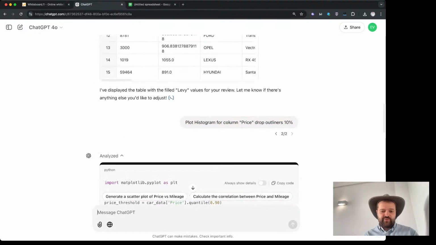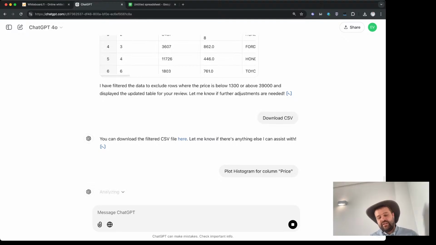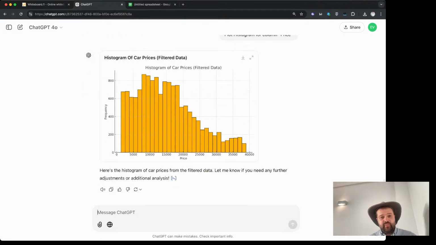This time, because we already dropped the outliers, which means the data points, samples, that are out of the ordinary, let's see, so plot histogram for price again. And again, I'm saying that at some moment, if I keep asking questions in the same chat, it might start not working as well. But now we see this looks much more believable.